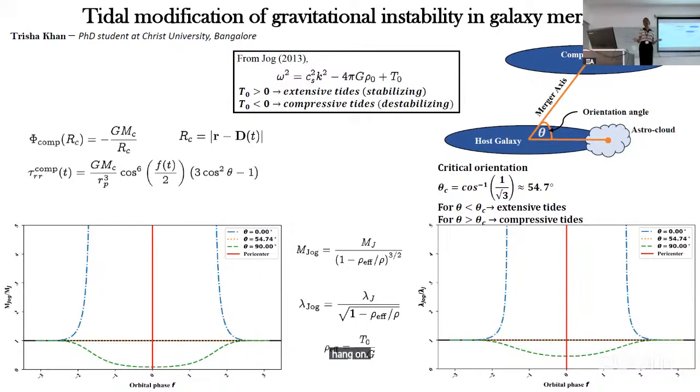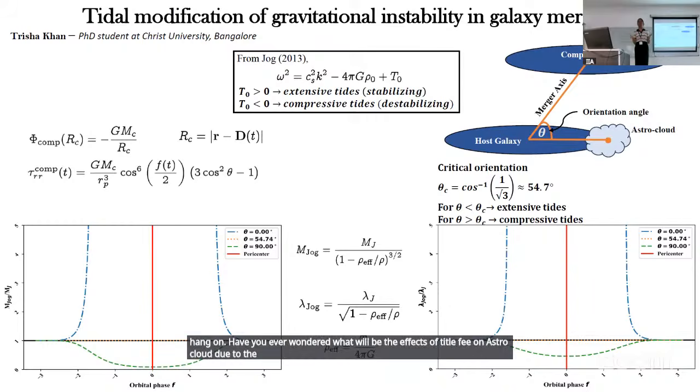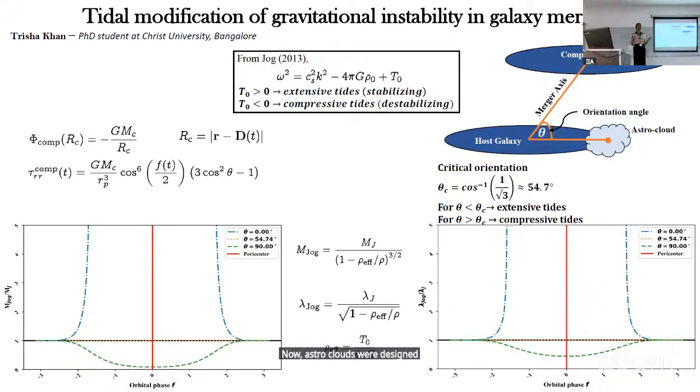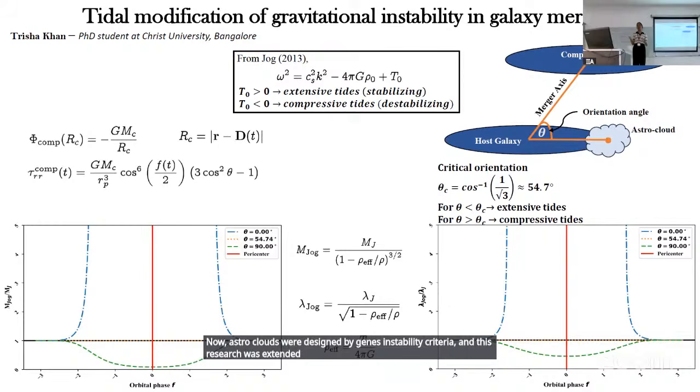Have you all ever wondered what will be the effects of tidal field on an astrocloud due to the presence of galaxy mergers? Now, astroclouds were defined by the Jeans instability criterion, and this research was extended by Jauhan, who introduced an external potential.